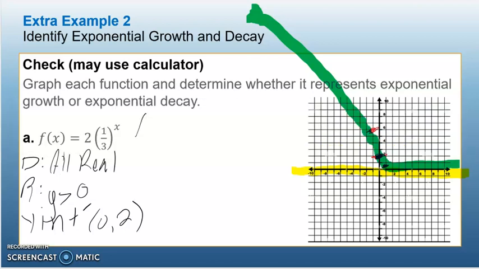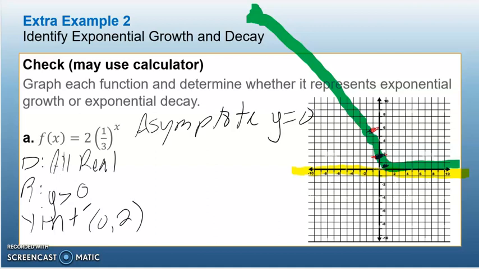The other one is the asymptote. The asymptote is just an equation of a line, which would be y equals 0, because that's what my asymptote line is. It crosses the y-axis at 0, which is the x-axis here.